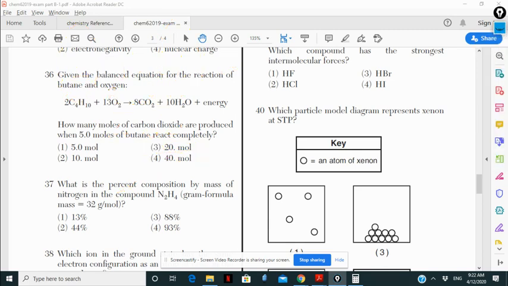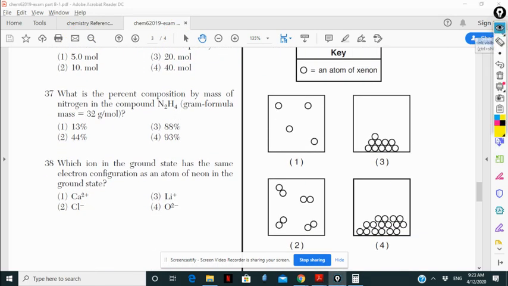Question number 37. What is the percent composition by mass of nitrogen in dinitrogen tetrahydride? If you're looking here, for the nitrogen I have 2 atoms.